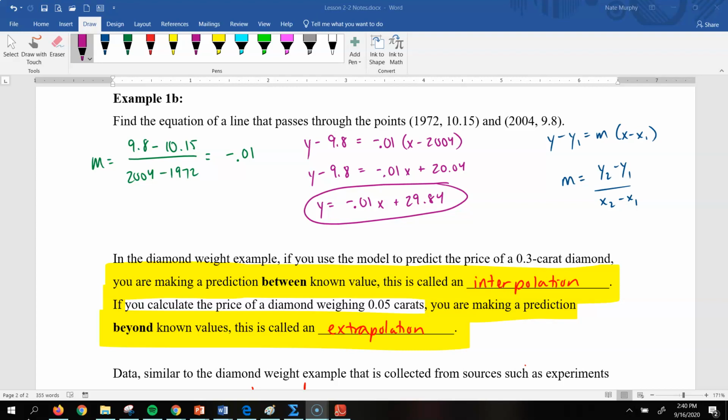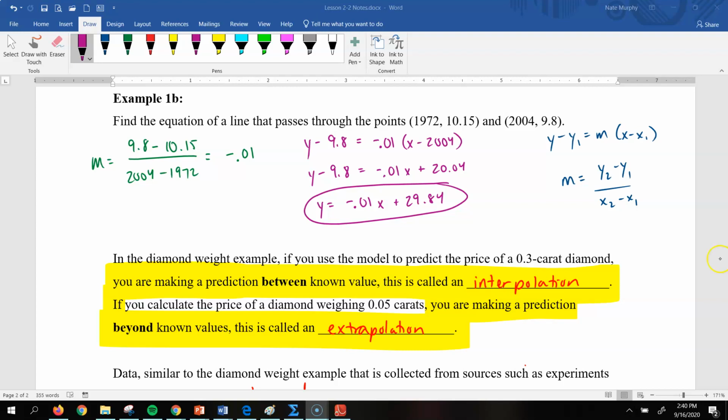So the prefix inter just means inside of, and extra means outside of. And so interpolation is any time that we're making a prediction between known values. If you're making a prediction that's outside of any known values, it's called extrapolation.